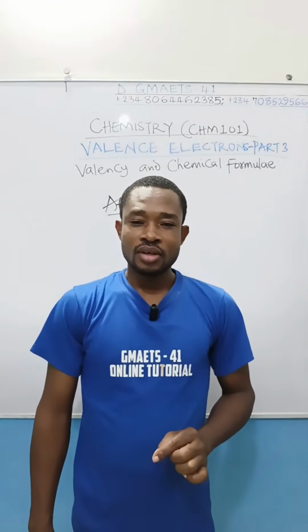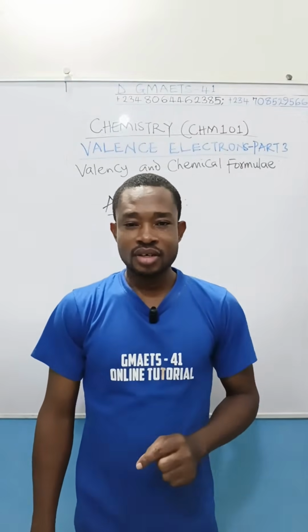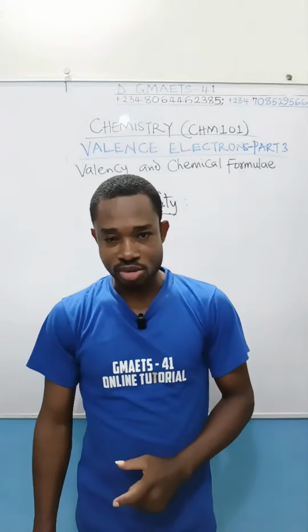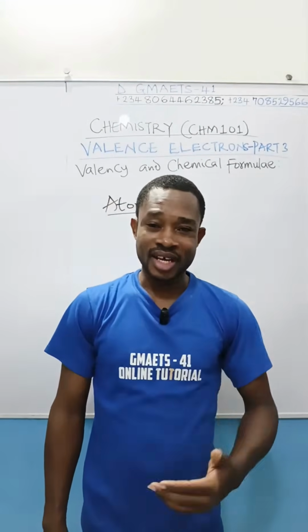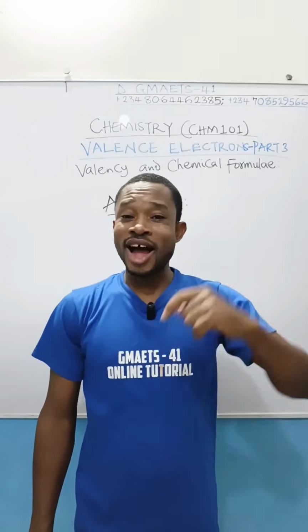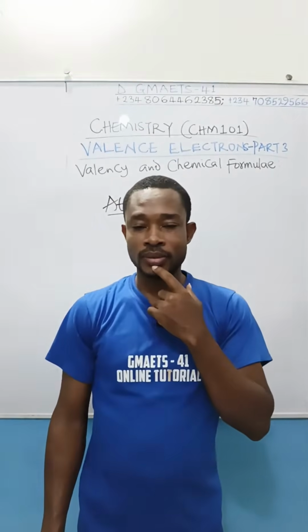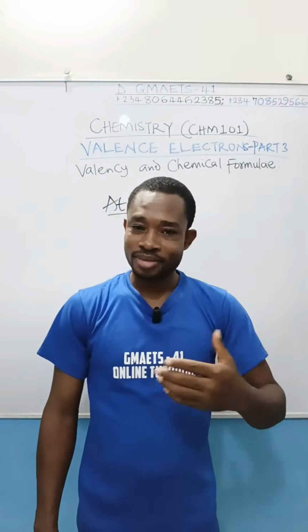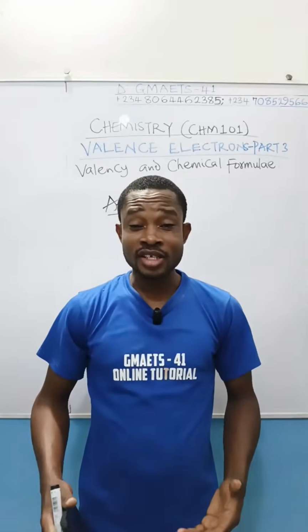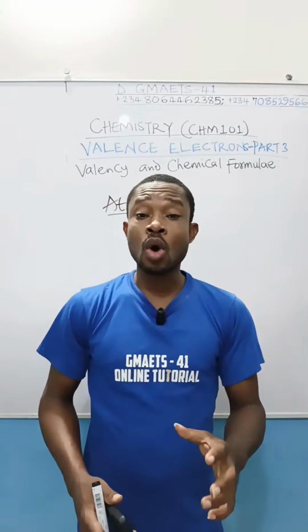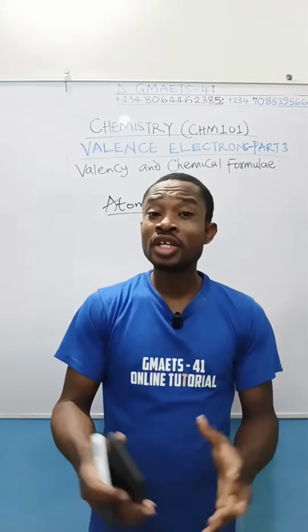Atomicity of an element in a compound or in a molecule is simply defined as the number of atoms of that element in that compound. Atomicity, simply defined as the number of atoms of an element in what? In a compound or in a molecule.